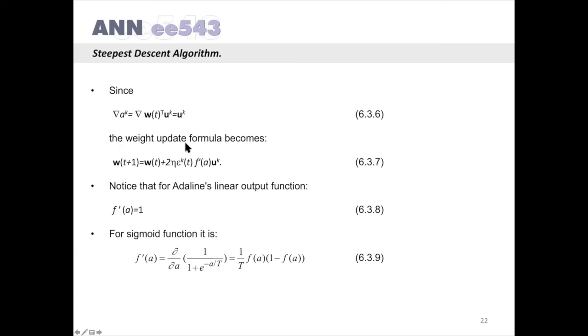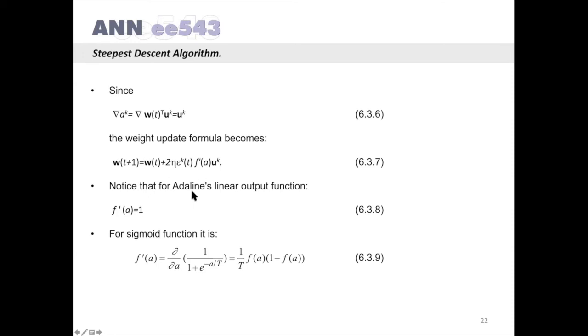The weight update formula becomes: weight at iteration t plus 1 is equal to weight at iteration t plus 2 times eta epsilon k. This is the error at time t when input k is applied, multiplied by the derivative of the output function at a multiplied by input vector uk.